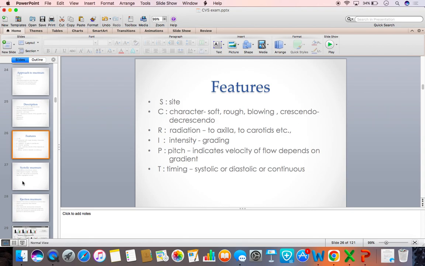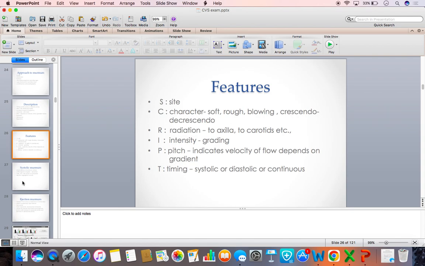S stands for site. The site where the murmur is best heard, that is whether at the mitral area, aortic area, pulmonic area, or tricuspid area. These are the four areas you have got to auscultate. So the site where it is best heard has to be described.